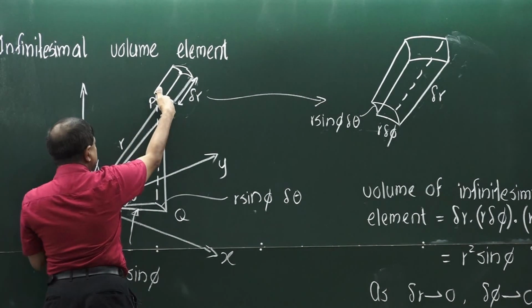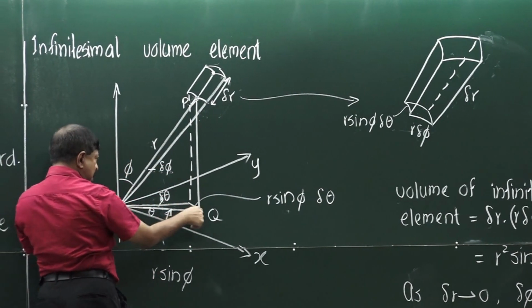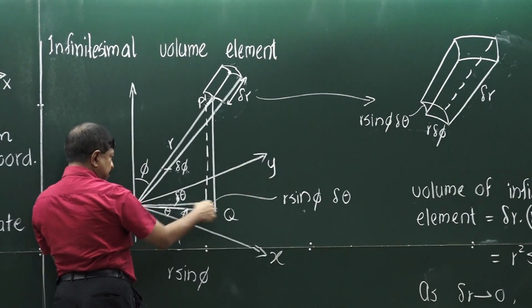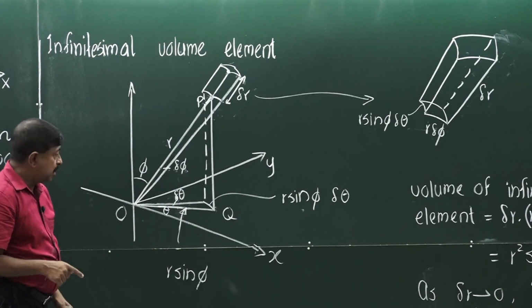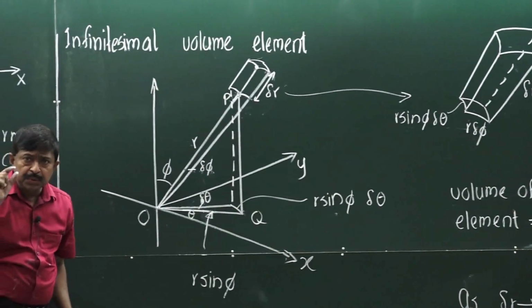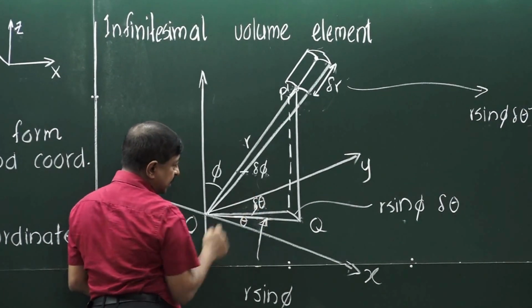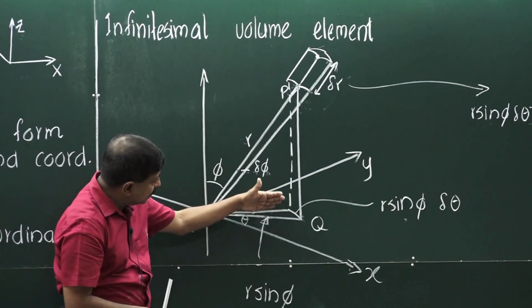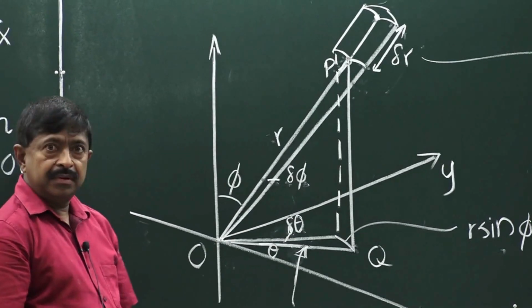Now, once you project this onto the xy plane, this is where you have OQ. The angle between OQ and the x axis is theta. If you want to give a little increment to that, the increment should be delta theta. So, the rotation will be like this. What is this length? That is a little tricky.